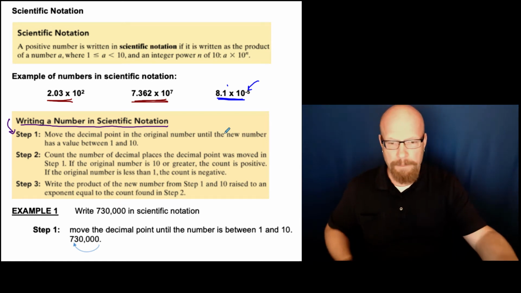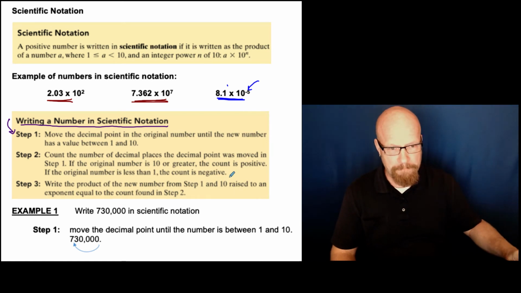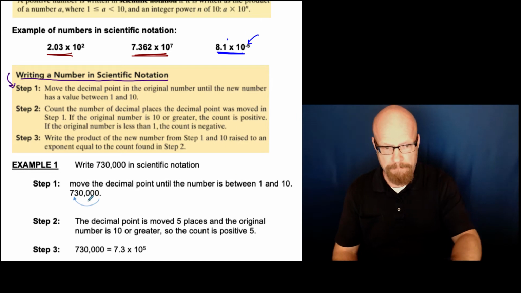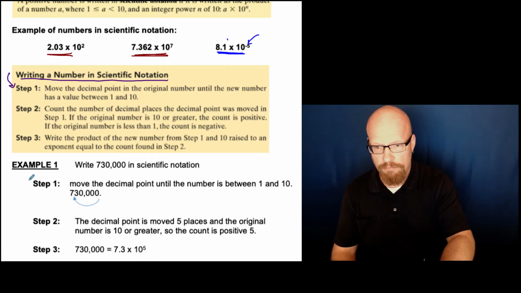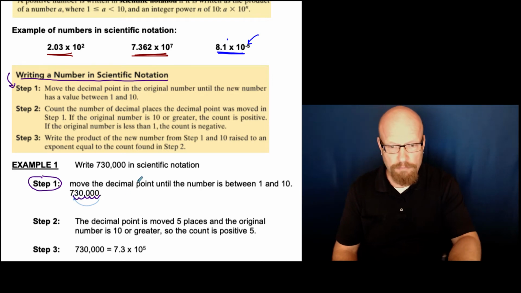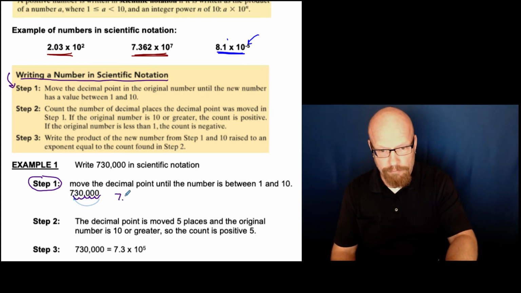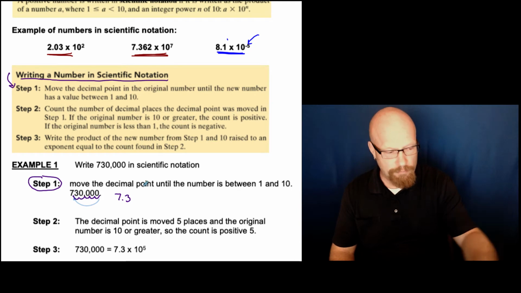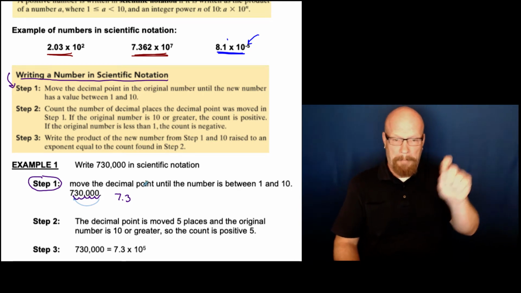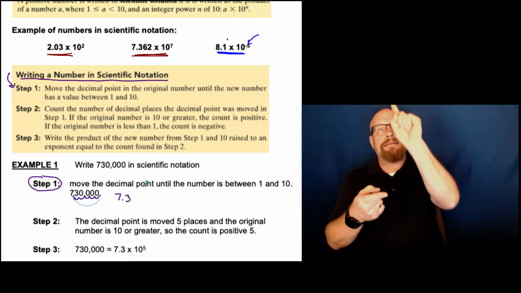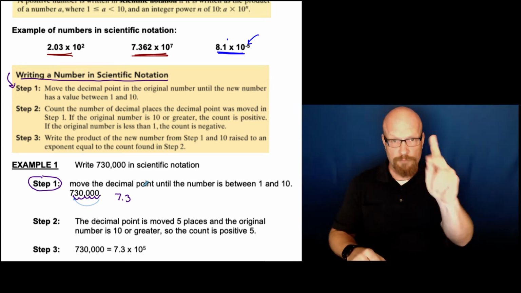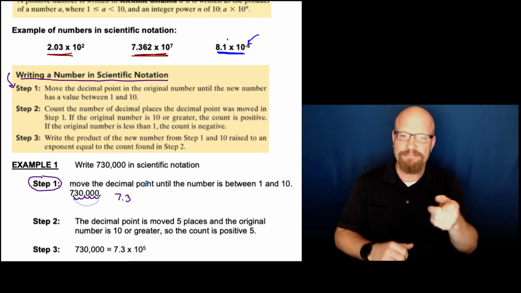For example, so we moved it over a bunch of places until the digit 7, and we have 7 point something, 7.3.